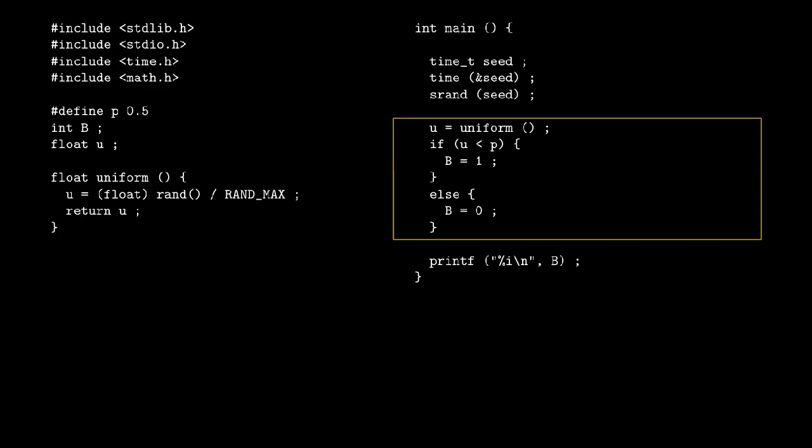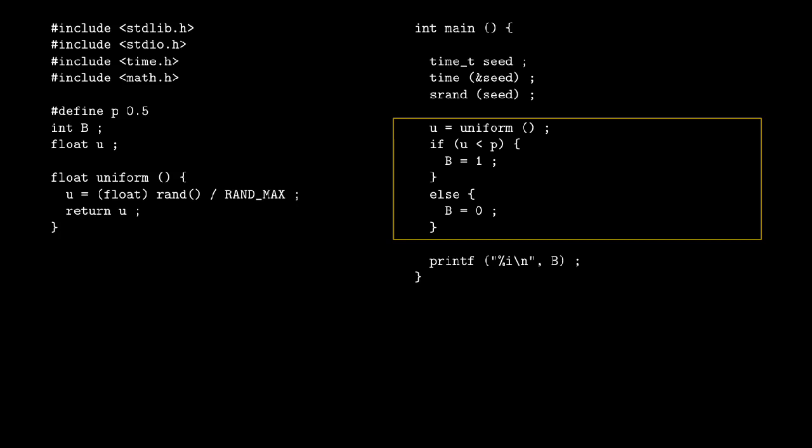If u is less than p, which should occur with probability p, then we set b equal to 1. Else, if on the opposite u is larger than p, then we set b equal to 0. And so indeed, this is going to generate your Bernoulli random variable with parameter p.